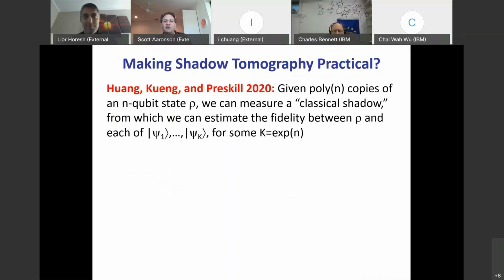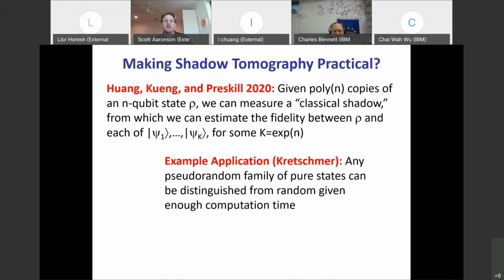Can we make shadow tomography practical? I want to just call your attention to, there was a beautiful work just this year by Huang, Kueng, and John Preskill that built on the idea of shadow tomography, but that actually gave some procedures that are a lot closer to experimental realization. Like they don't require sort of carefully maintaining a quantum state from one measurement to the next to the next. You can just measure everything in one shot.